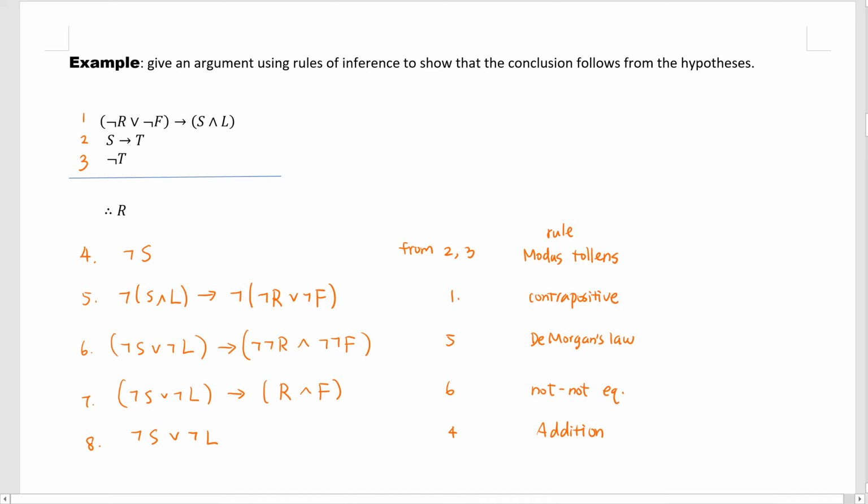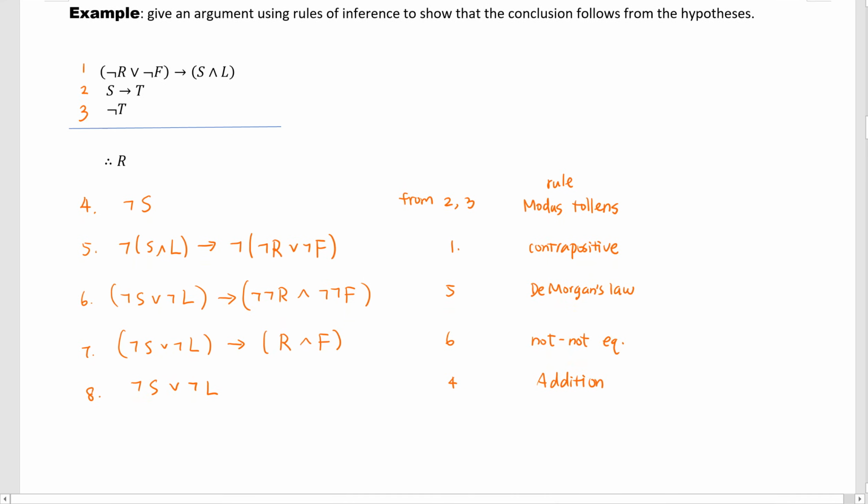Not S is happening, so not S or not L is happening. Okay, nice. See, we get this guy is happening, so implies R and F. This is from line number 7 and 8, and this is modus ponens.